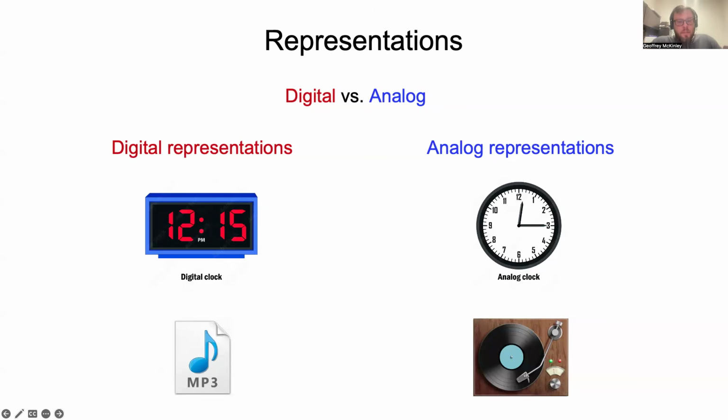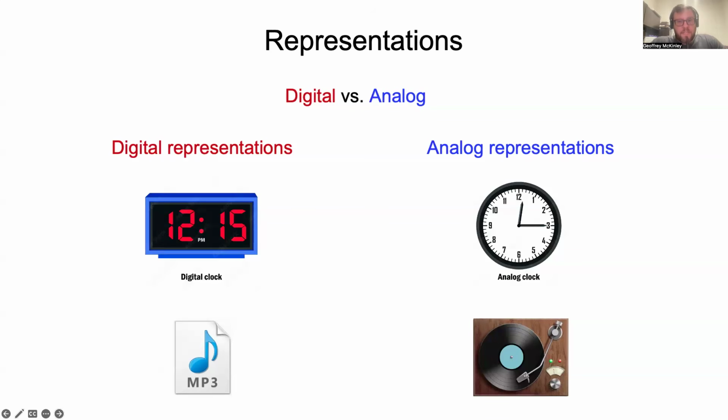If the record or the record player is not very good, that's going to affect the quality and precision of how that information is represented. That's less of an issue, I think, with digital representations.